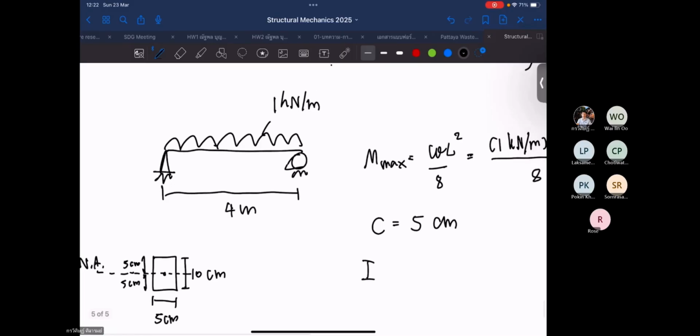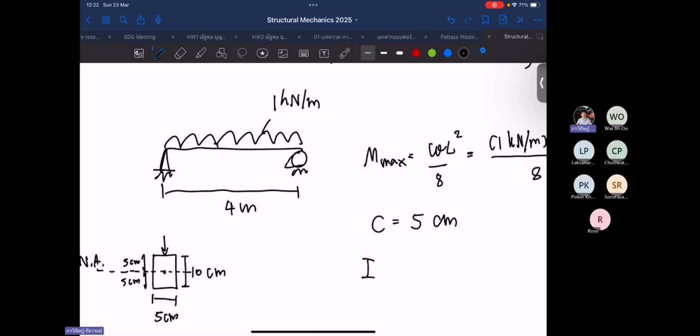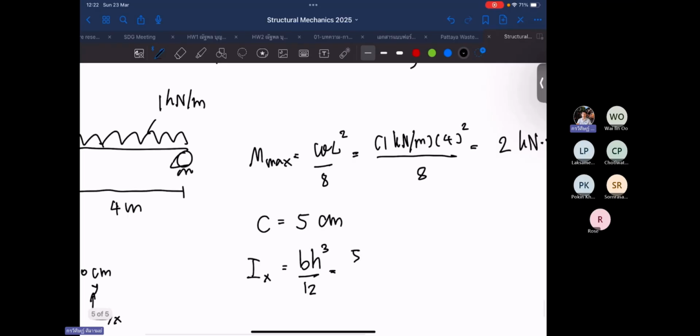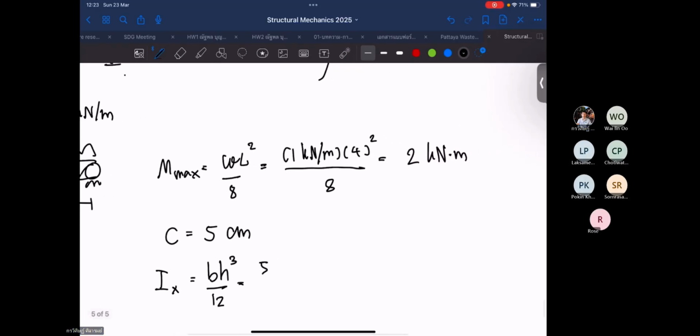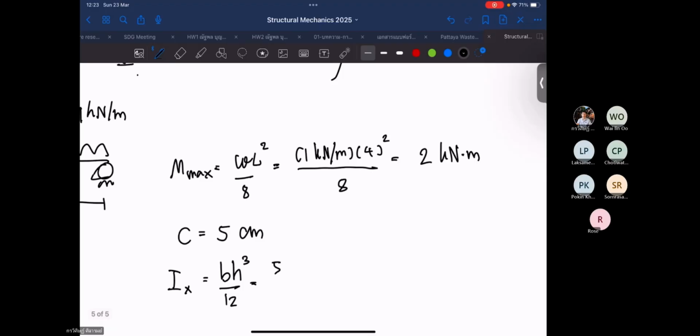And for I, this load is acting in this direction, with the x-y direction set like this, so we need to know the Ix. Ix equals bh cubed divided by 12. So b is 5 and h is 10, cubed, divided by 12. So 5 times 10 cubed divided by 12 equals 416.67 centimeter to the power of 4.